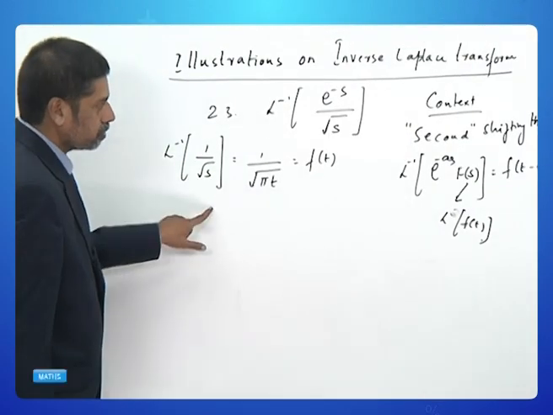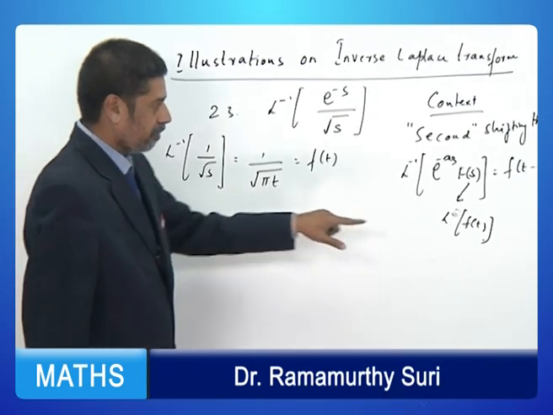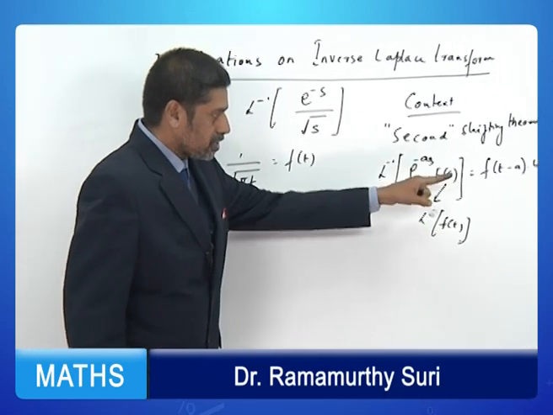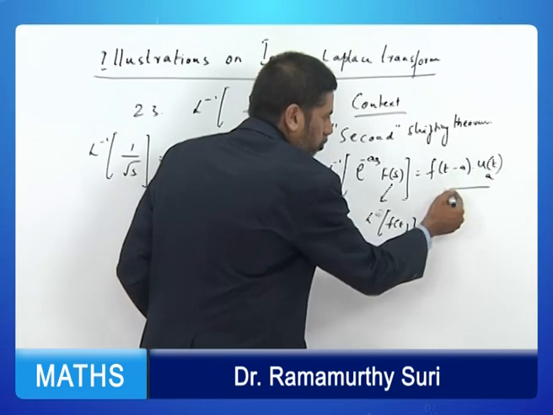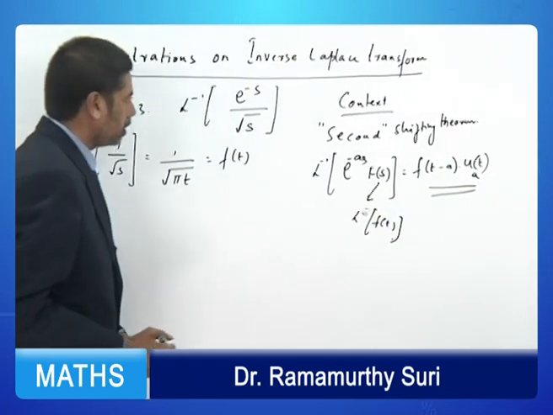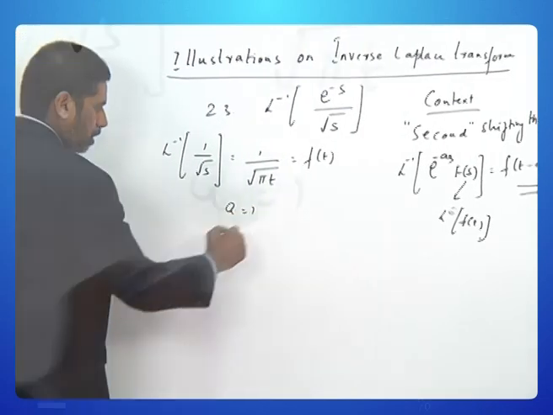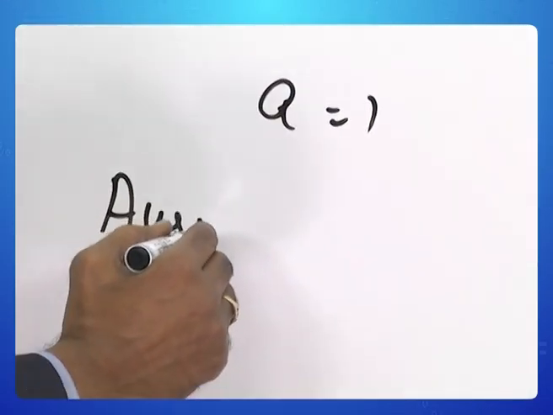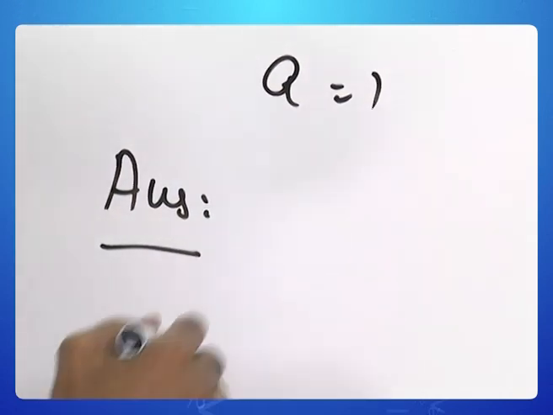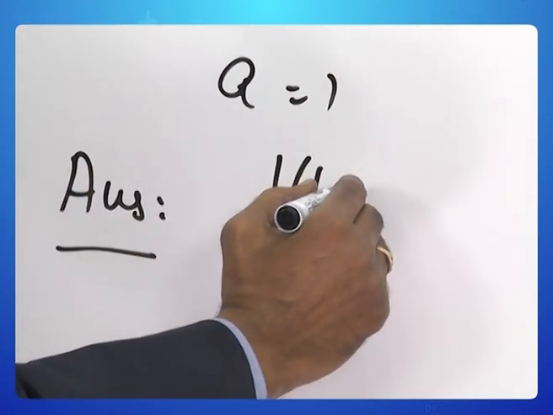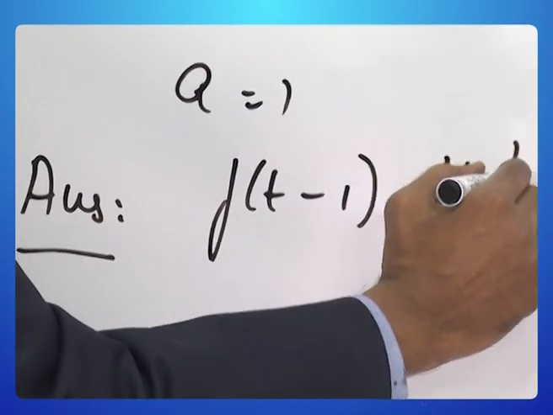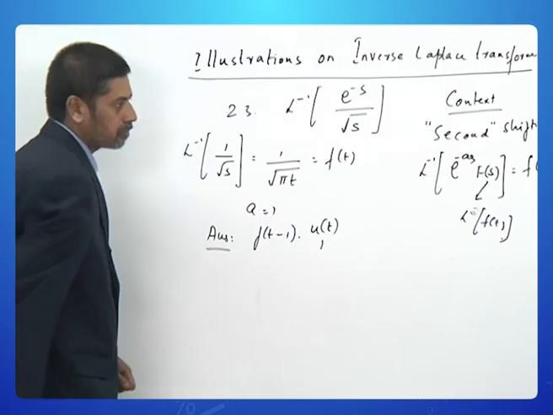So where are we now? We found out the f of t. Now the answer is here. This is the output. A for this problem is 1. So the answer will be f of t minus 1 into u 1 of t, right?